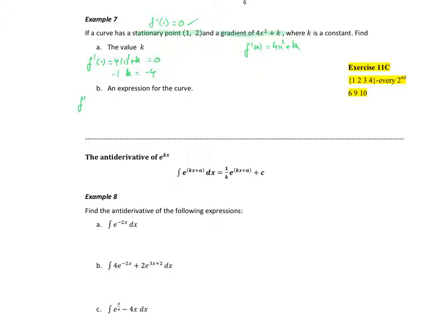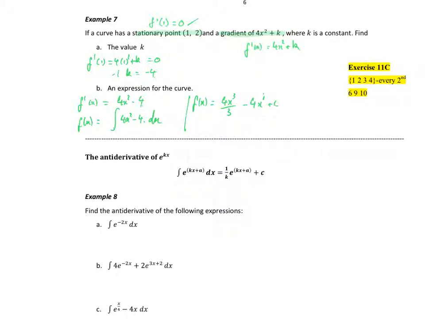So if f dashed of x is equal to 4x squared minus 4, that means f of x is equal to the antiderivative of that with respect to x. So that means f of x is equal to add 1 to the power, divide by the power, add 1 to the power, plus some constant c.